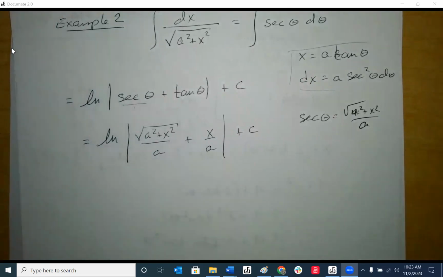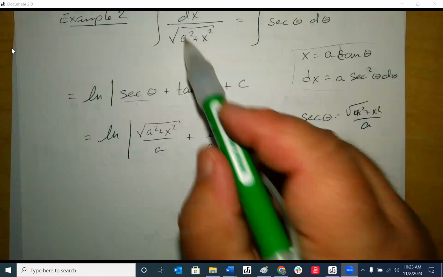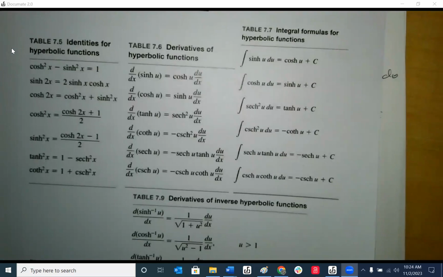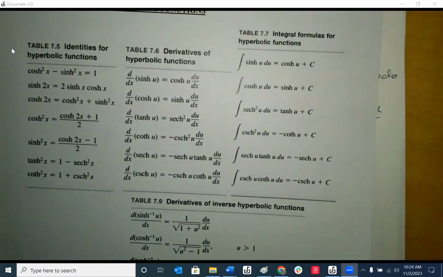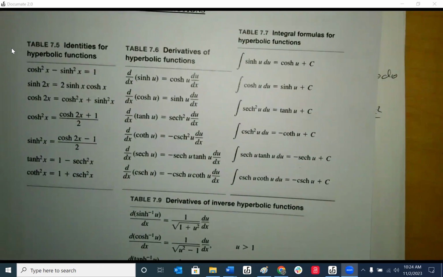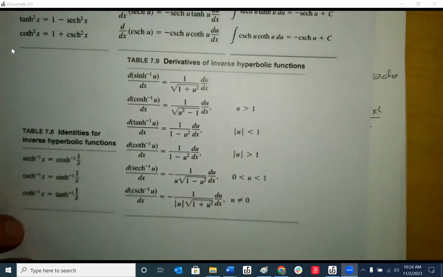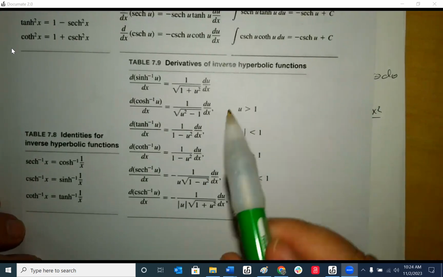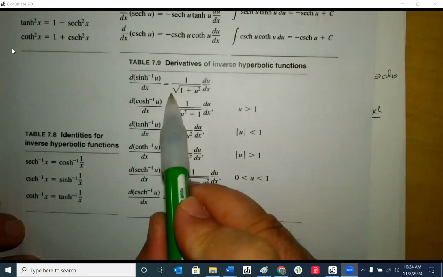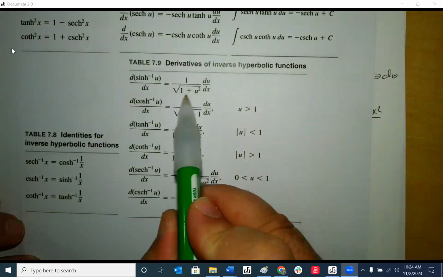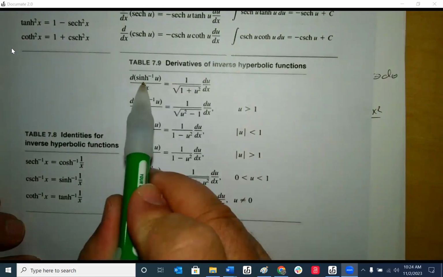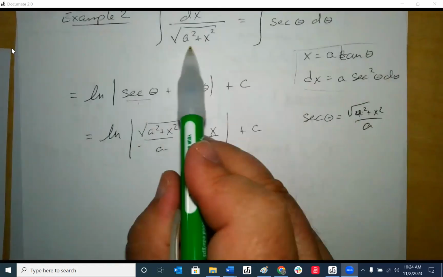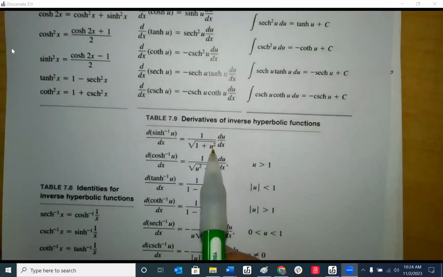Let's do this. So we knew this is that, but the integrals, here we go. Out of all these, which one has the square root of a squared plus x squared? That's the inverse of the hyperbolic sine. That's the same structure we have here, the square root of a number plus the variable squared.